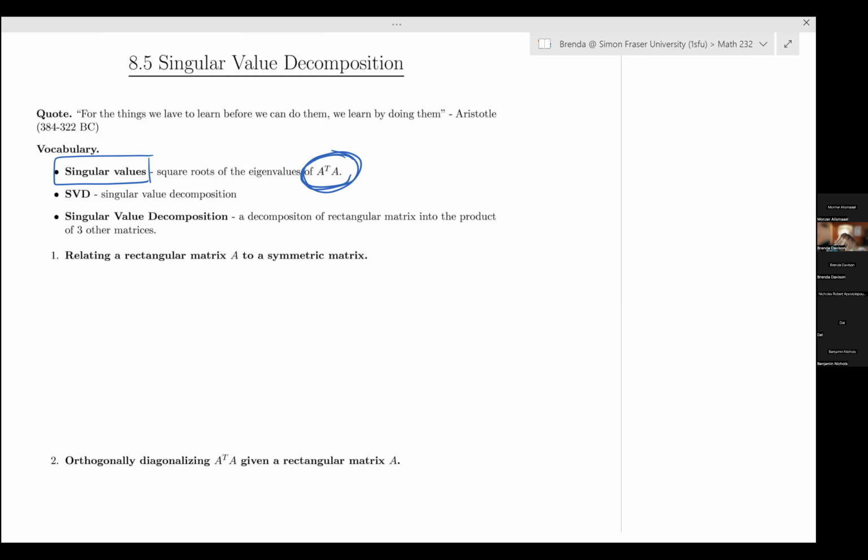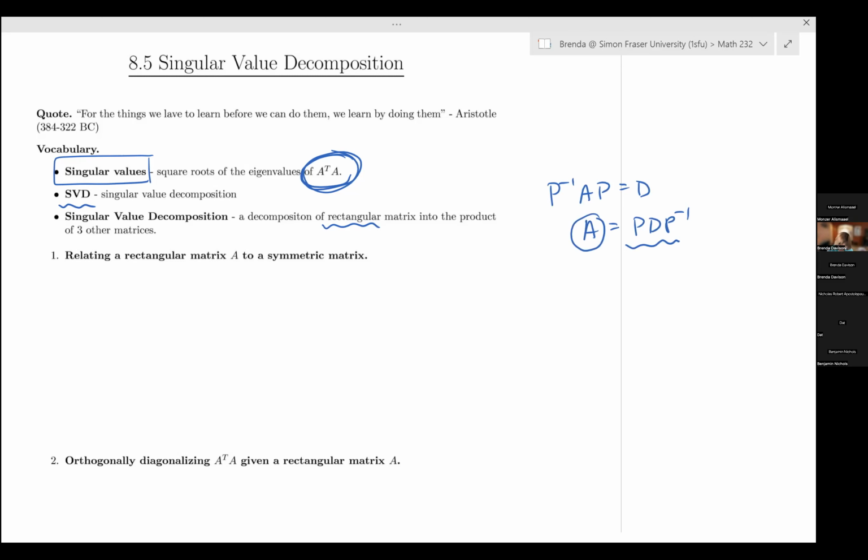When we write these three letters, SVD, that stands for singular value decomposition. That is a decomposition of a rectangular matrix into the product of three other matrices. Thinking about it, our diagonalization was also a decomposition of the matrix A into three other matrices.